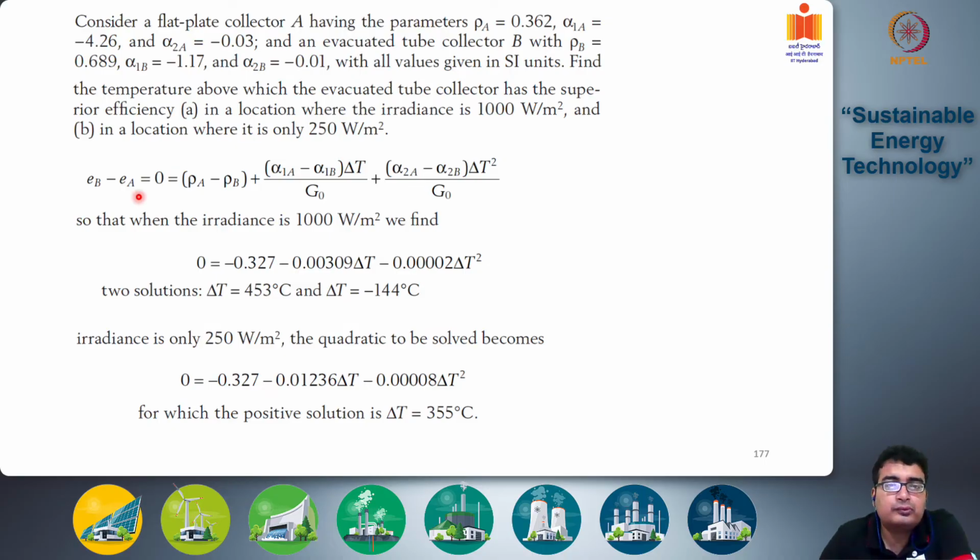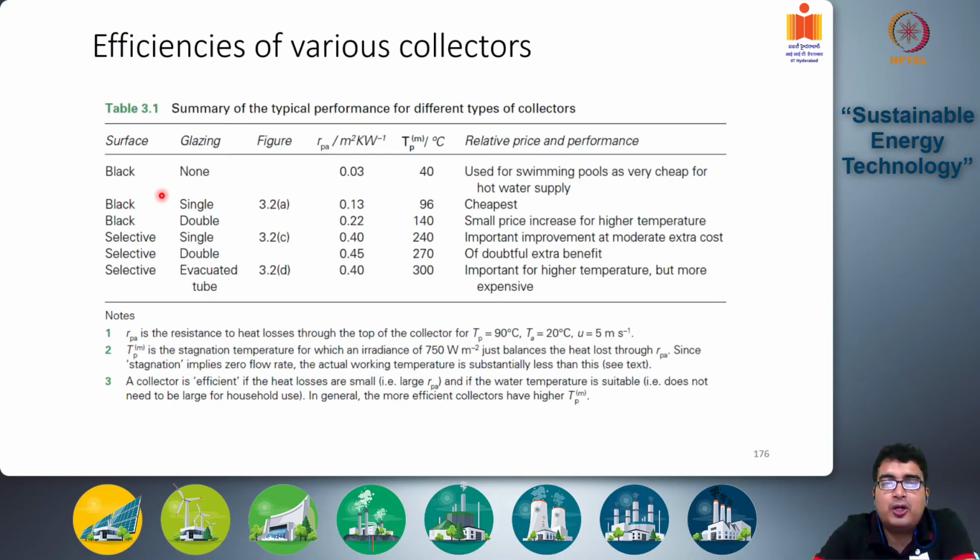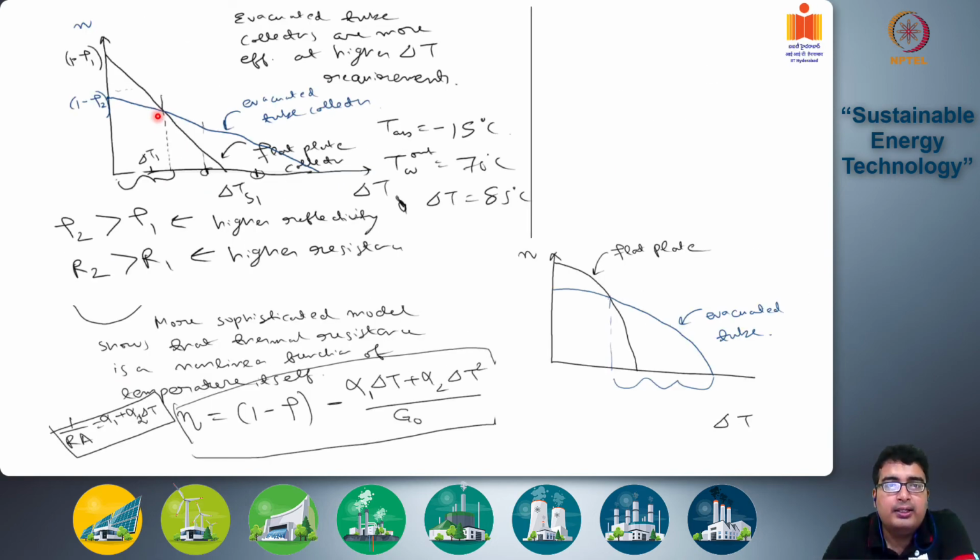So here the efficiency is given by eta in this problem. Eta of the evacuated tube collector minus eta of the flat plate collector is 0. That is the point where you have the crossover case, right? So where the two efficiencies are the same.